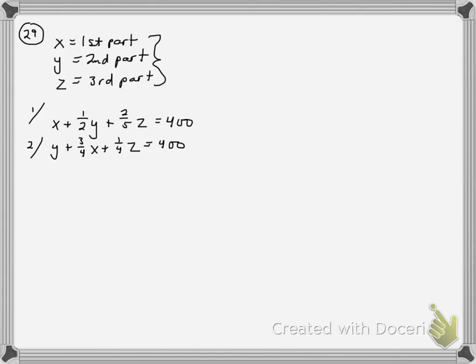Okay, such that the sum of the first, 1/2 of the second, and 2/5 of the third is, there's my equal sign, 400, and the sum of the second, 3/4 of the first, and 1/4 of the third is 400.